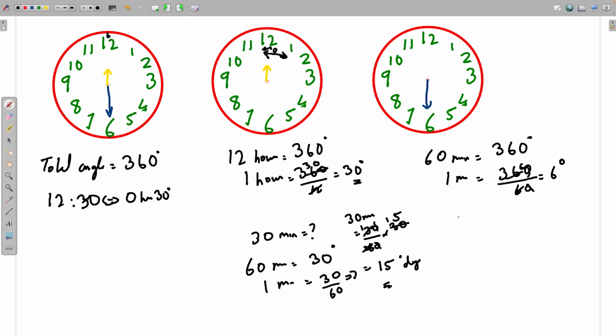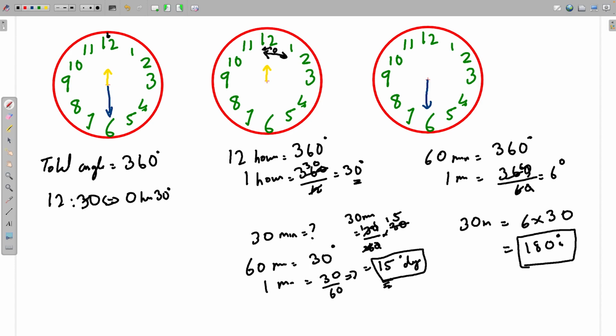Now let's do the minute hand. Again we have 60 minutes, so for 1 minute it covers 6 degrees. For 30 minutes, it covers 6 into 30, which is 180 degrees. So what we have seen is the hour hand has moved 15 degrees, and the minute hand has moved 180 degrees.